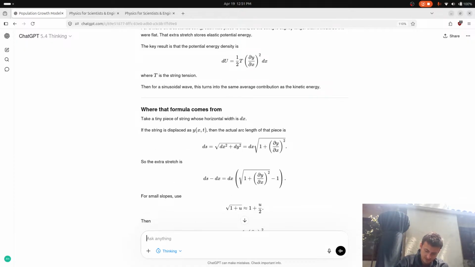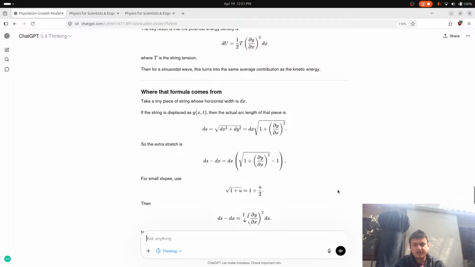So dU is equal to 1/2 tension times partial y partial x squared dx. Okay, interesting formula. Yeah, okay.